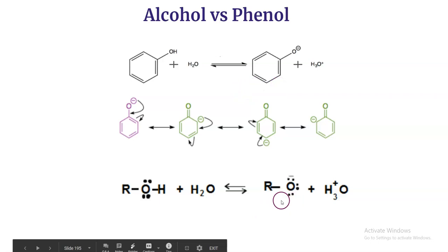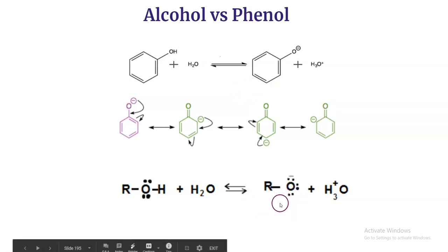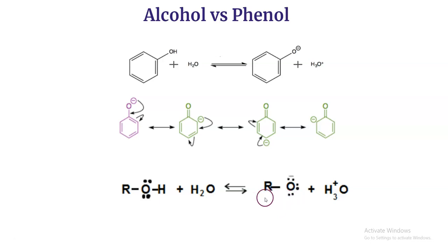Less the dispersion of charge, less the dilution of charge, less the delocalization of charge, less stable is the product, or less stable is that compound or the ion, right? So phenoxide would be more stable than alkoxide.